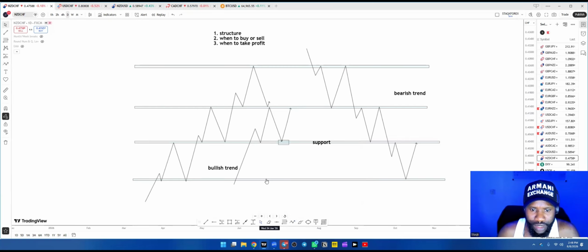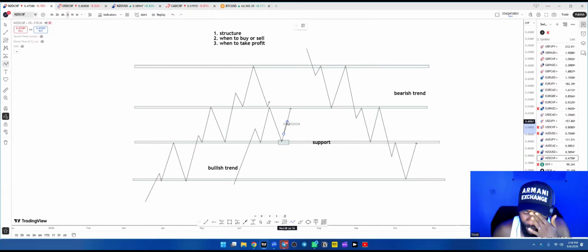Let's say this is the area you are buying from. Sometimes you experience this: price will get to this place, then you hop in. You say, okay, I have the engulfing candle, or depending on your candlestick confirmation, so you want to buy from here. Once you hop in, guess what happened? You discover that price will start retracing.